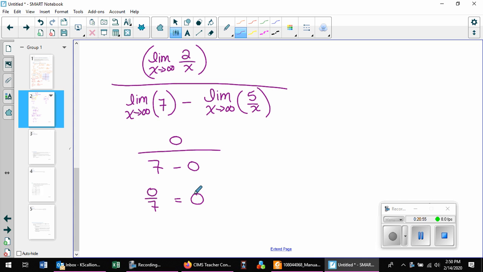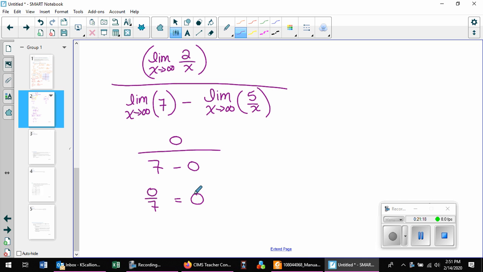Is this easier to do than remembering the rules? The rules from grade 12. If the degree is less on top, it's at y equals 0.